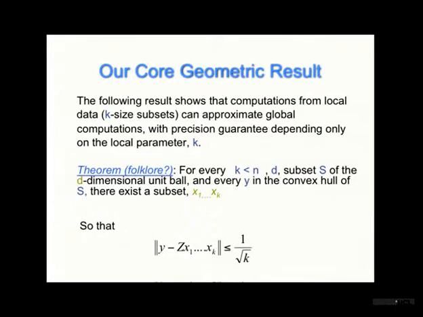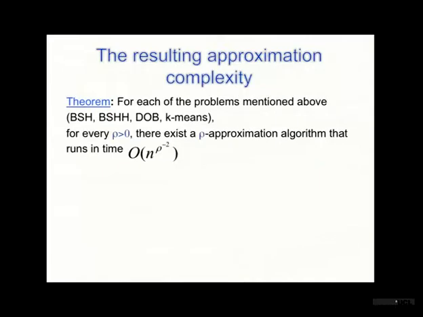If you are 1 over the square root of k robust, then I need k points. So if you are rho robust, I need rho to the minus 2 points, and my running time will be n to the power of 1 over rho squared. Okay, so we get this optimal solution for all robust instances.